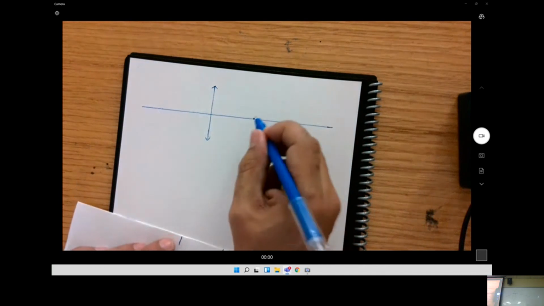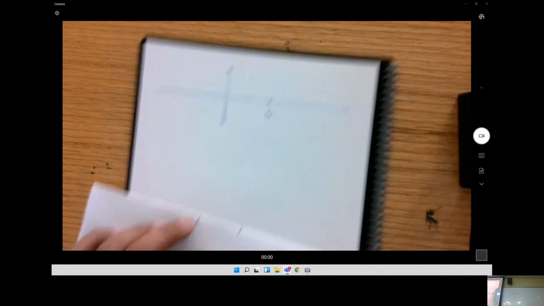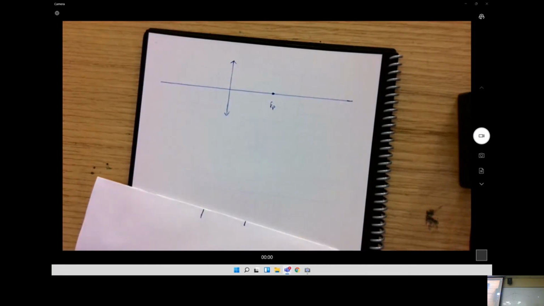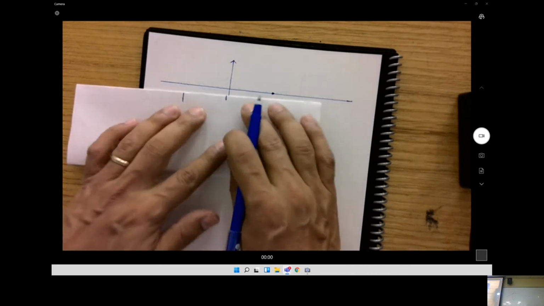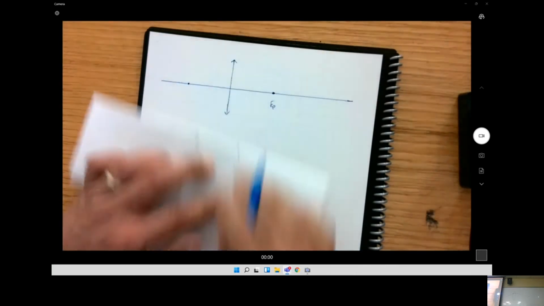That's going to be my focal point. Okay, so I'm going to have two focal points, one in front of the lens. I'm going to have another focal point behind too. So I'm going to have here my focal point.